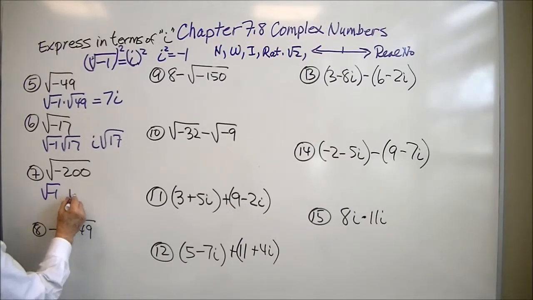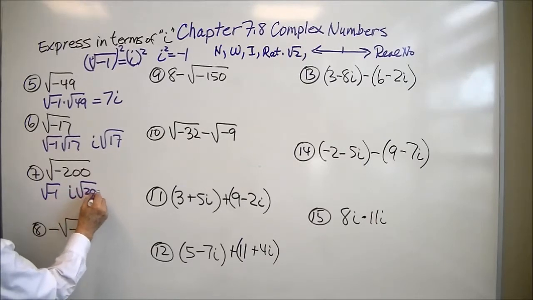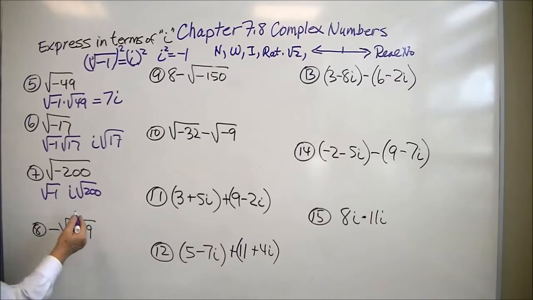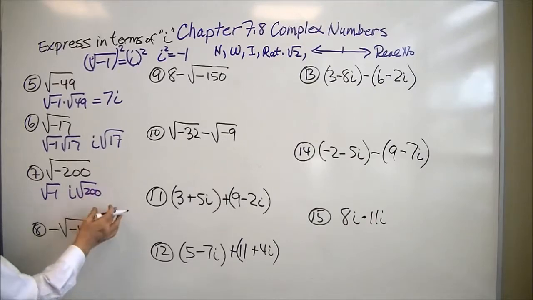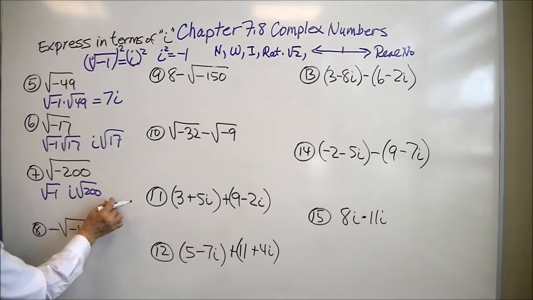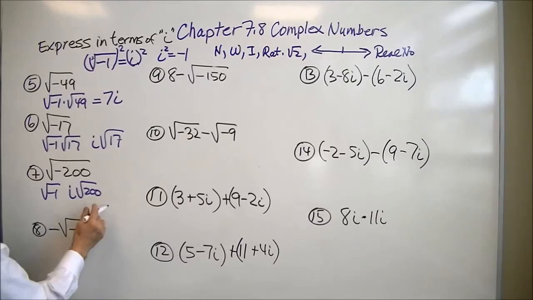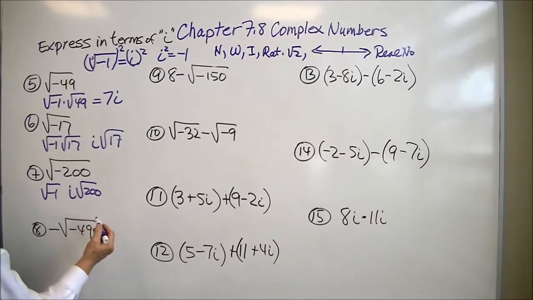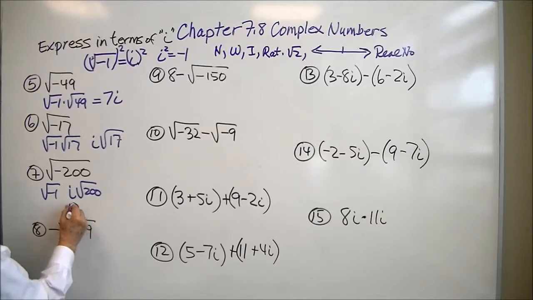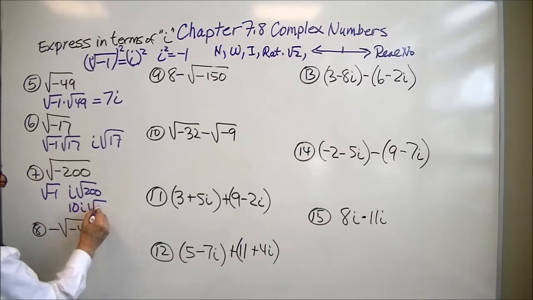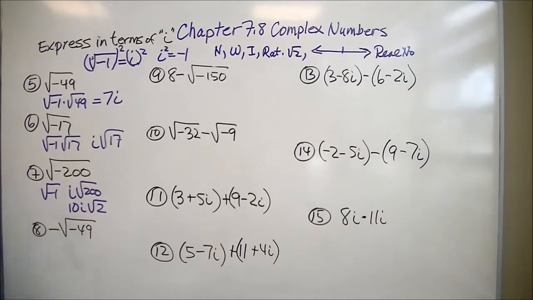So in a sense, this is i, the square root of 200. And in a previous lesson, we said that can be simplified into the square root of 100 times the square root of 2. So the square root of 100 was 10. So this is going to be 10i, the square root of 2.